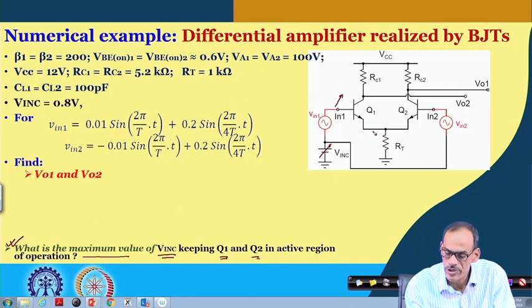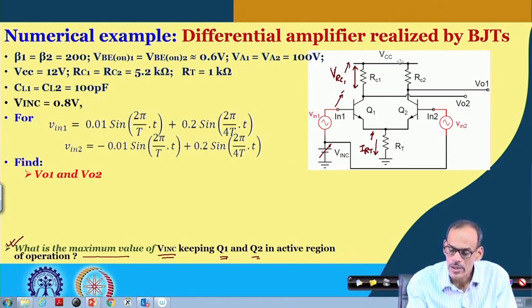If I increase this voltage, then this voltage will follow the base voltage minus 0.6, and hence this current IRT increases, and if IRT is increasing, then the drop across this RC, called VRC1, also increases, and since we have a fixed 12 volt, if this drop is increasing, that will make this voltage decrease. So, if I increase the base voltage of transistor 1, it goes higher and higher.